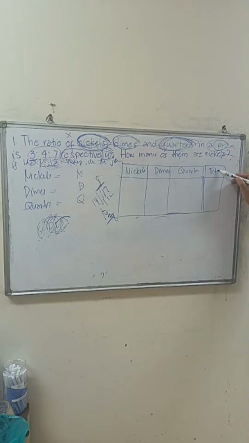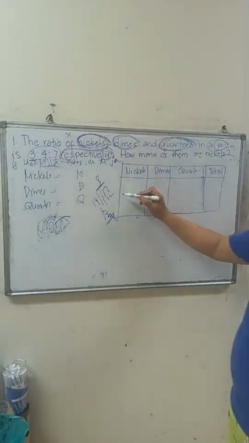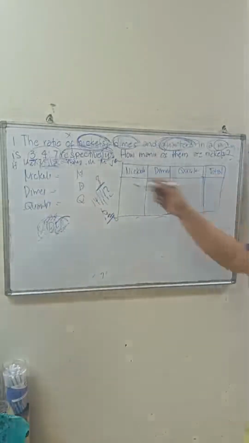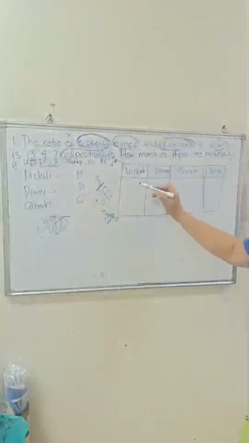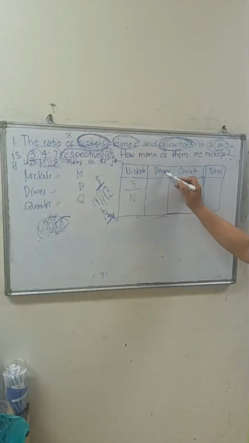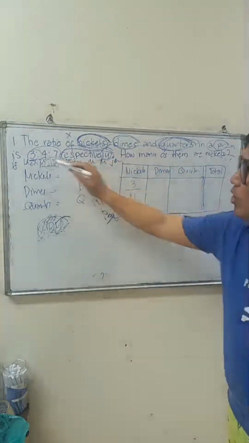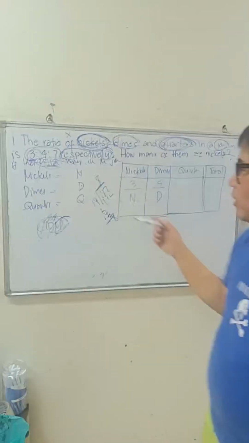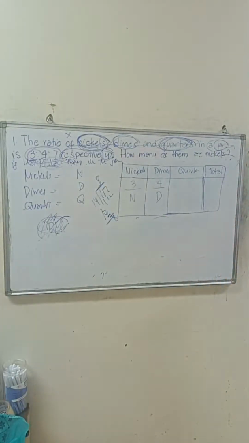Now here, nickel is 3, and you don't know the value, so 3 over N. Dimes, 4, and you don't know the value of dime, so 4 over D. We're talking of ratio, so division or fraction.